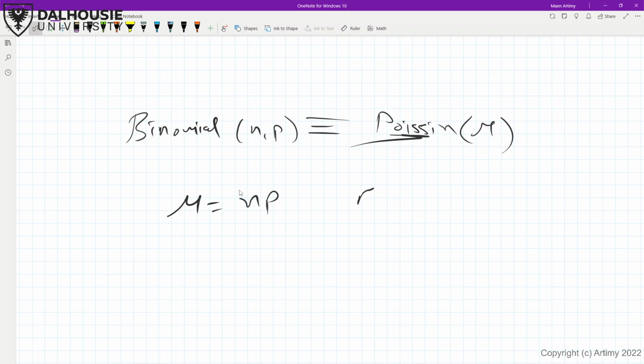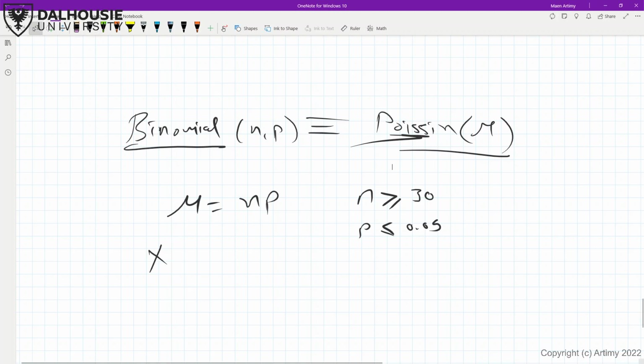All right, n has to be greater than 30, and p has to be less than 0.05. If this is the case, then I can simply plug in, instead of having x found by binomial, I can have it by Poisson instead.